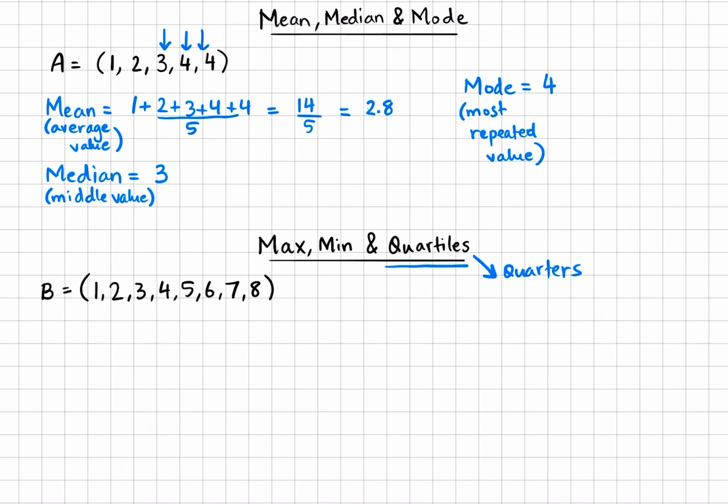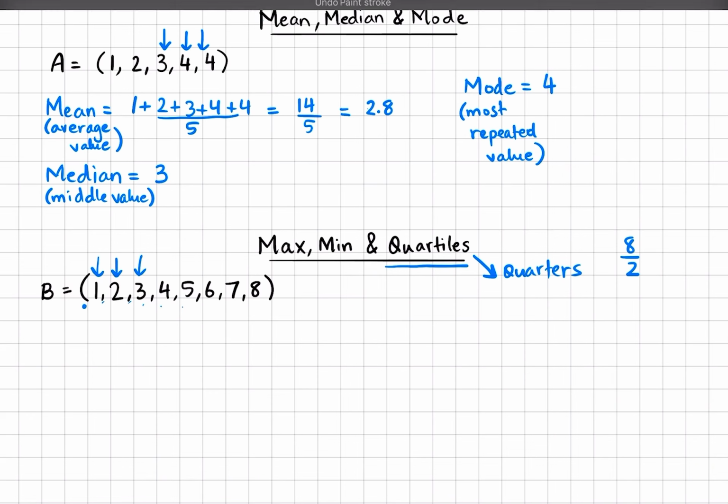Right, so we start from the beginning, and here we have 8 data points, because we counted them. I'm not thinking of 8 being the last value, just that we have 8 data points. 1, 2, 3, 4, 5, 6, 7, 8.